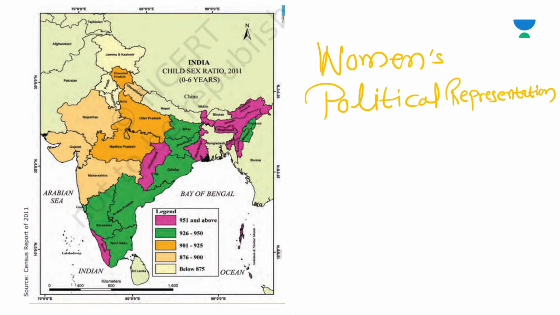One way to ensure this is to have more women as elected representatives. So in India, the proportion of women in legislature has been very low. For example, the percentage of elected women members in Lok Sabha has touched 14.36% of its total strength for the first time in 2019.